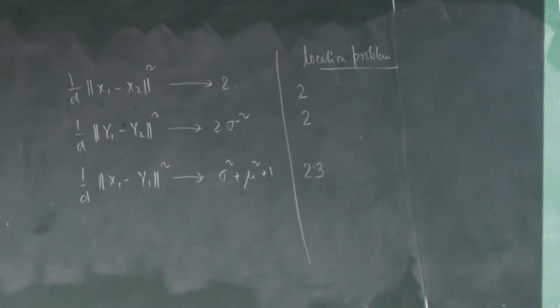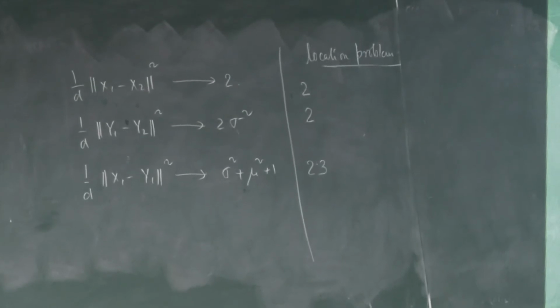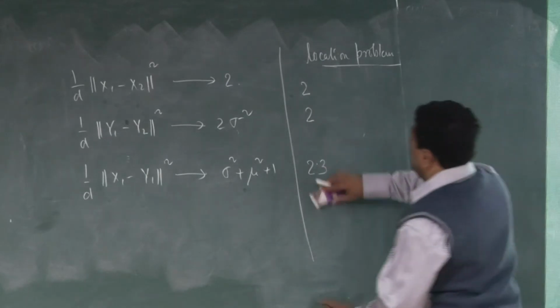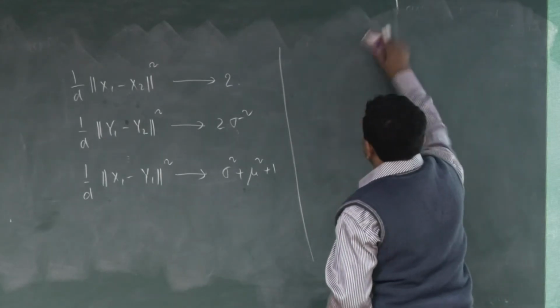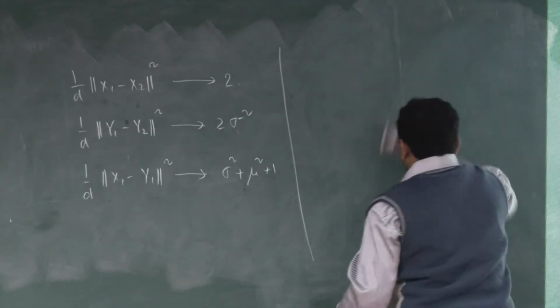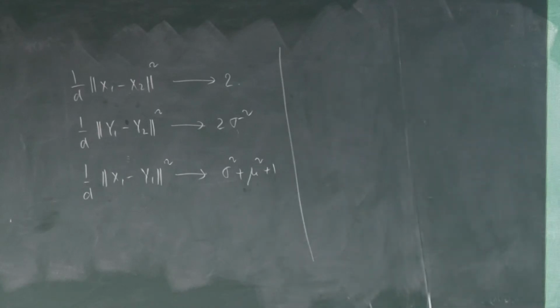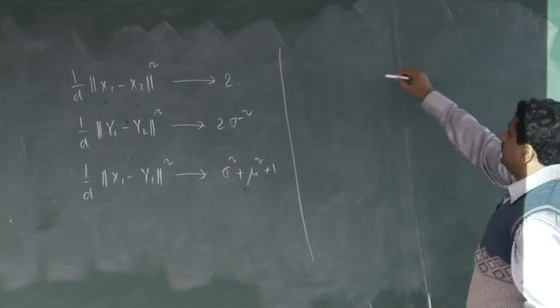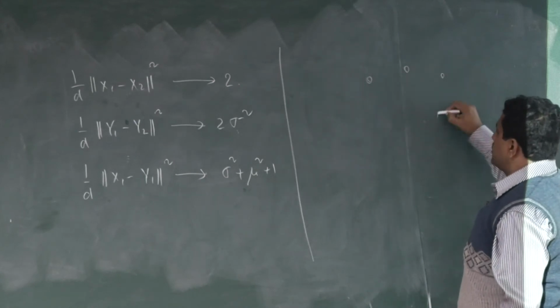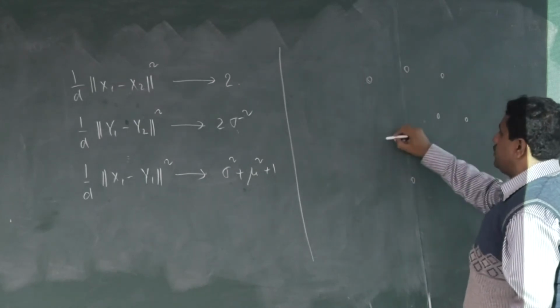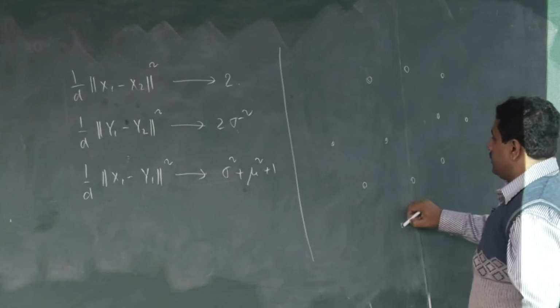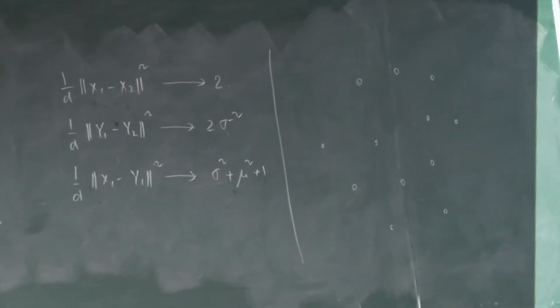To understand what will happen to the Friedman-Rafsky statistic, we need to know something about the algorithm for constructing the minimal spanning tree. So let me tell you how to construct the minimal spanning tree, and then things will become easier for us.